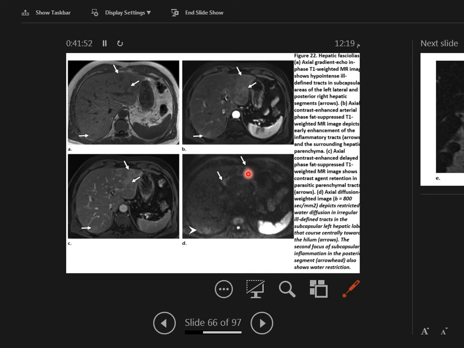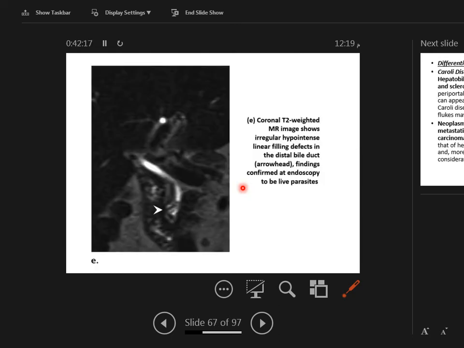It's leaving the cells of the liver, leaving a tract of restricted diffusion of inflammatory response. Something is moving in the liver. You can see the tract of the parasite from the periphery to the center. It's like we do needle biopsy. The same idea. And it's very amazing images. This is the parasite that's moving through the liver.